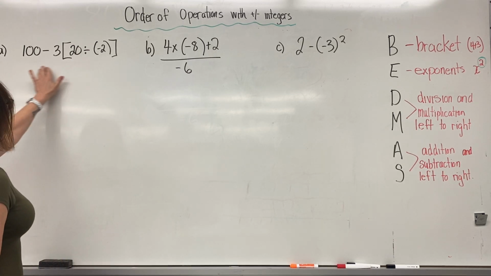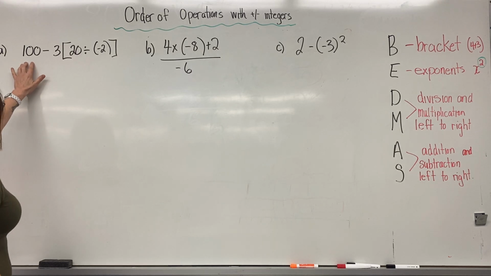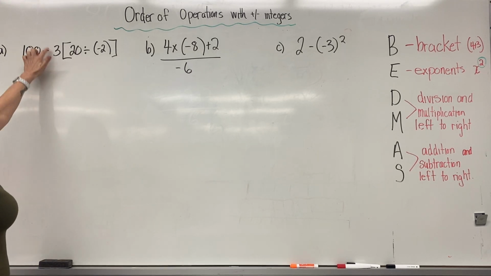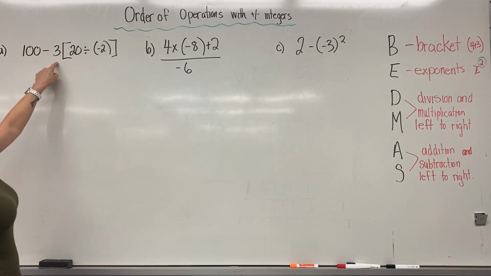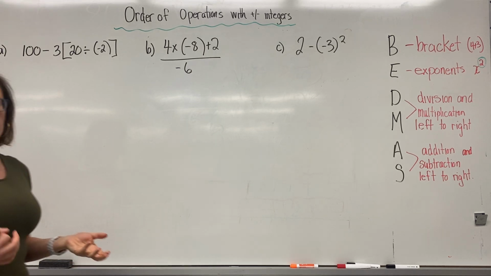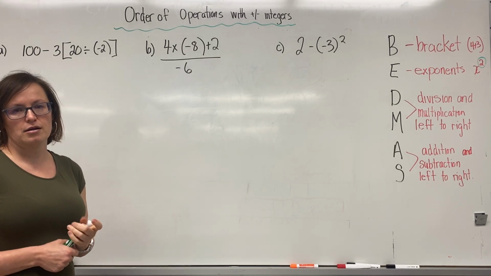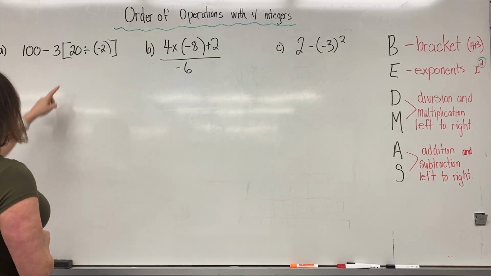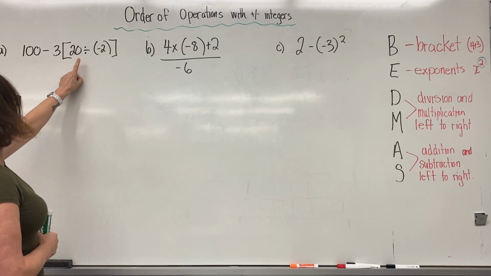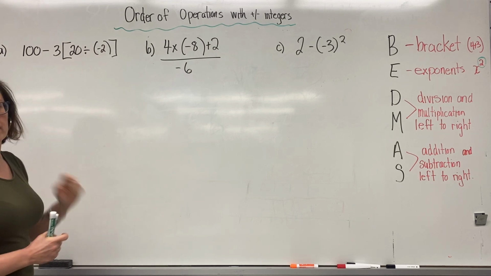All right, so looking at this equation, 100 subtract 3. So it's not a negative integer. This is the operation symbol. 100 subtract 3. Then we have the 3 up against these brackets. What operation is there? Yes, it's multiplication. So 100 subtract 3 multiplied by 20 divided by negative 2.